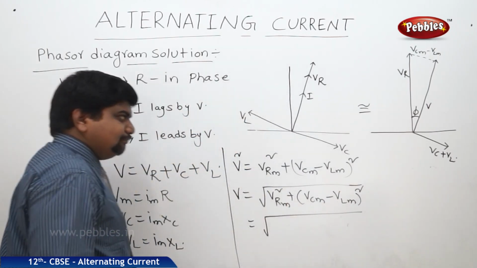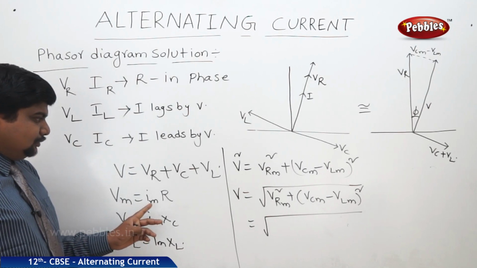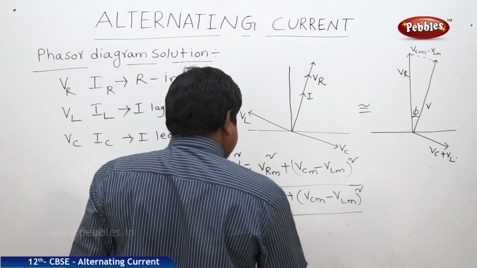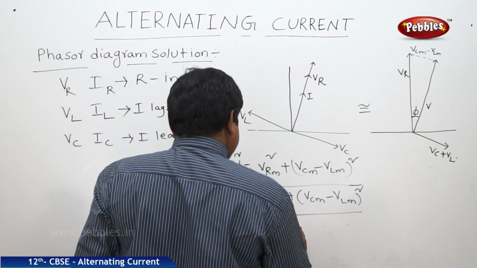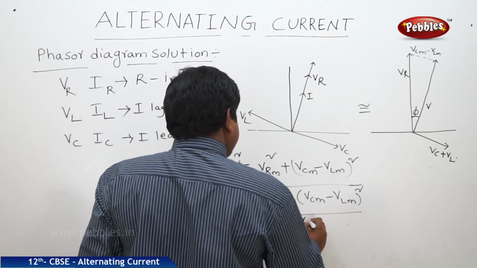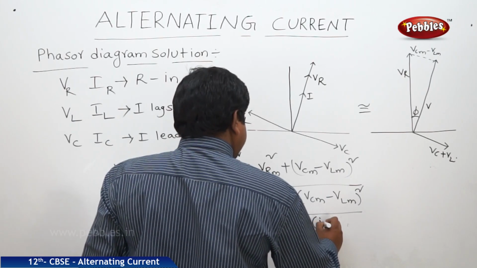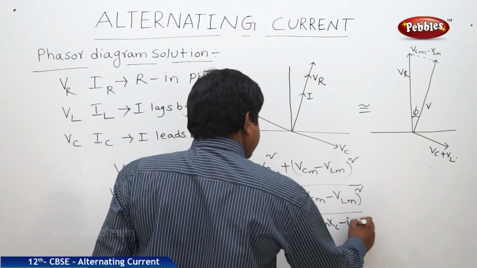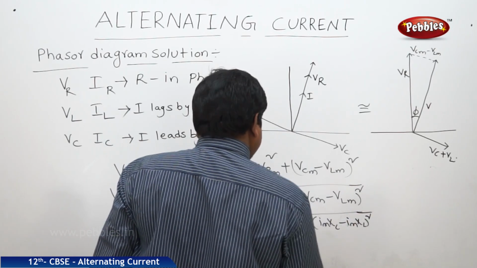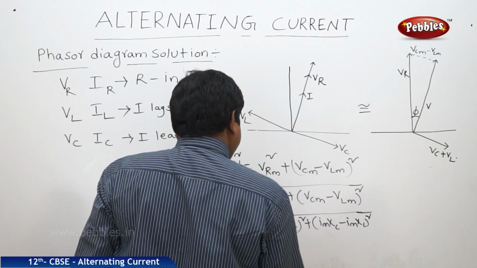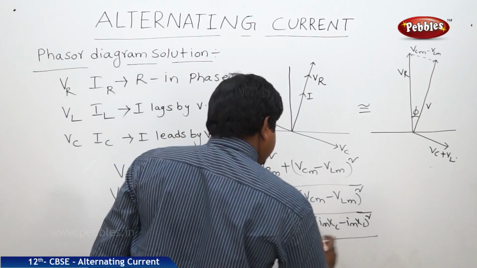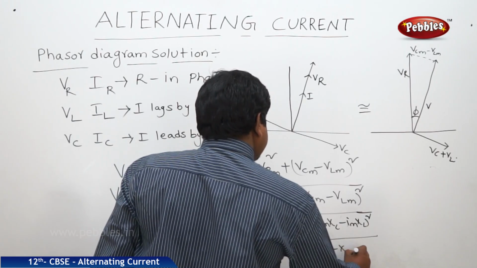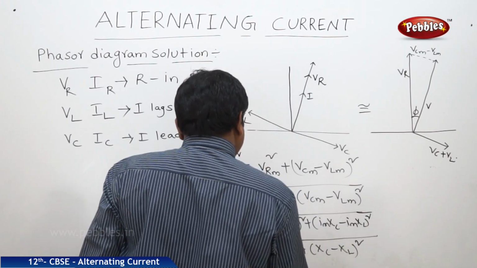What is this VRM? VRM is equal to IMR, whole square, plus VCM is equal to IMXC, VLM is equal to IMXL, whole square. So IM we can take common. We can write R square plus XC minus XL whole square is equal to V.